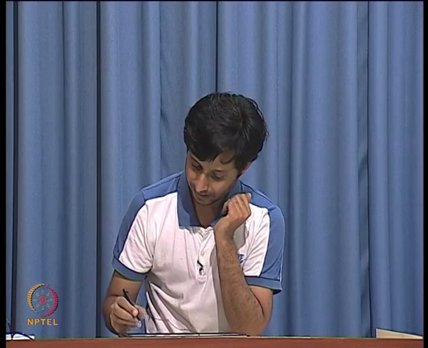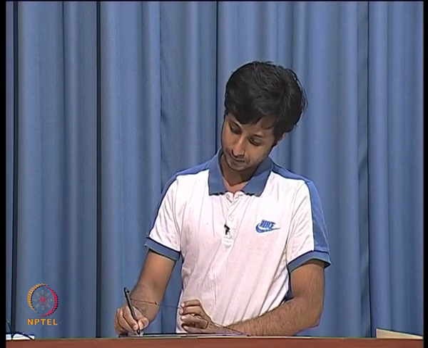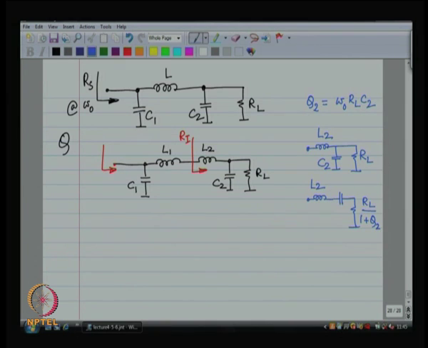Now, R L is going to decrease because you are going from parallel to series. So, at omega naught, instead of R L, you are going to see R L divided by 1 plus Q 2 squared. What is going to happen to C 2? C 2 is also going to change. How is it going to change? Is it going to increase or decrease? When you go from parallel to series, the impedance is going to decrease.